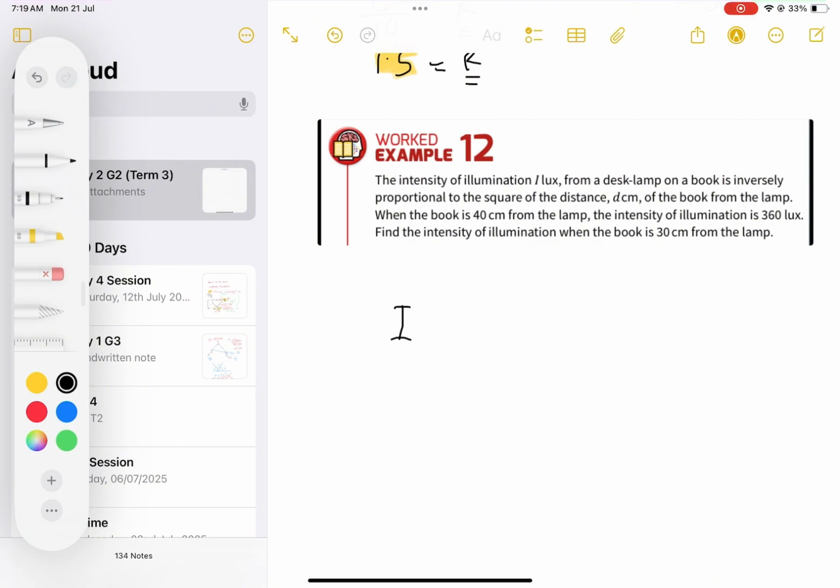So I is inversely proportional, so I equals to K. Inversely proportional to the square of the distance D. So D square.